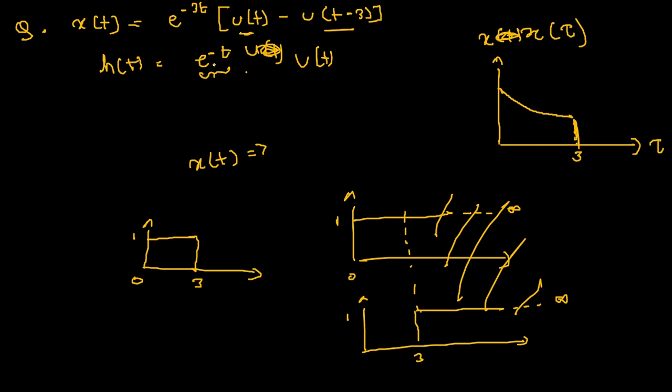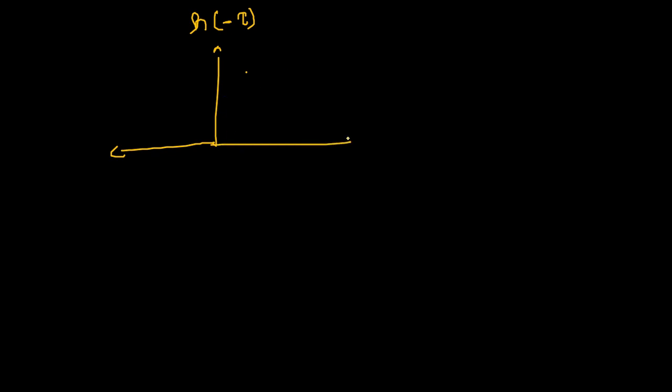The graph for h of minus tau will be, sorry, it's not a unit step function, it's e to the power minus t. Wait, let me just write the graph for h of tau first. So h of tau, the graph will look something like this all the way to infinity.